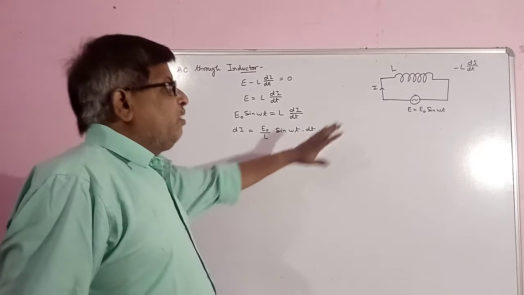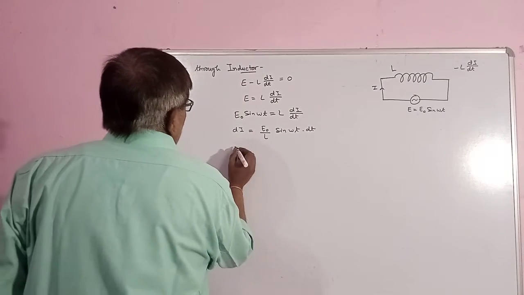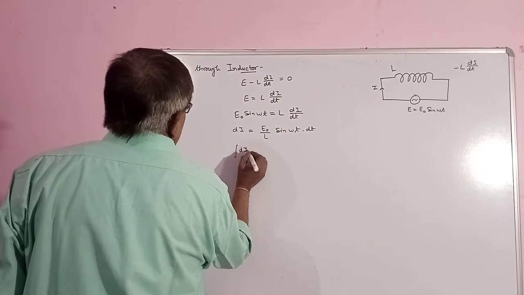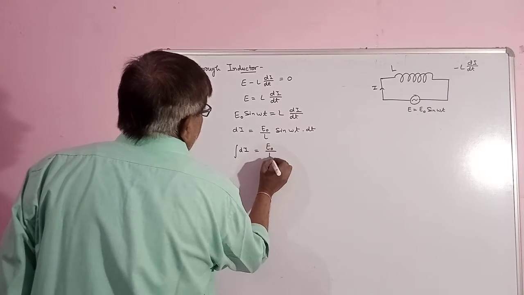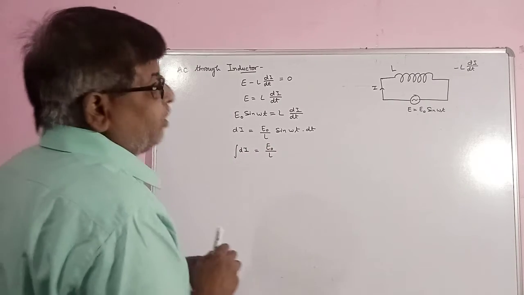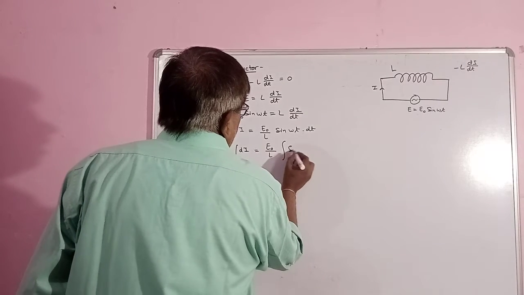Now what we can do? We can integrate both sides. So on integration, di equal to E naught upon L. Why E naught upon L? This is constant quantity.